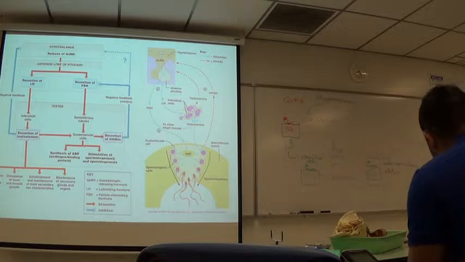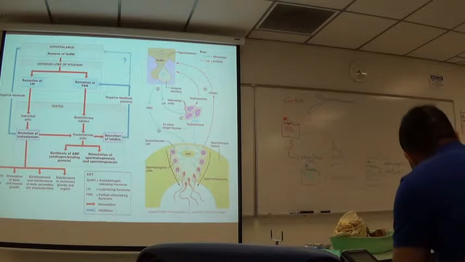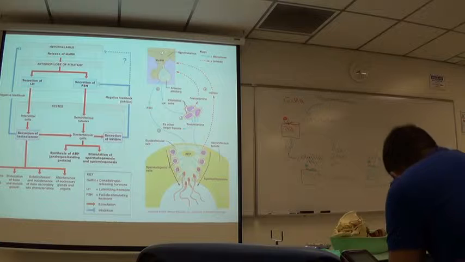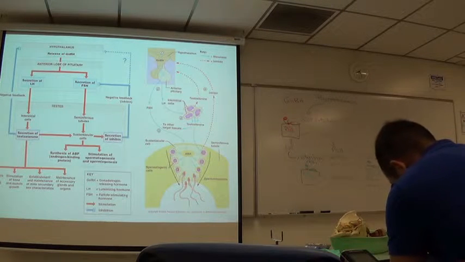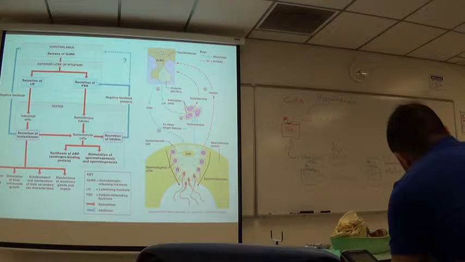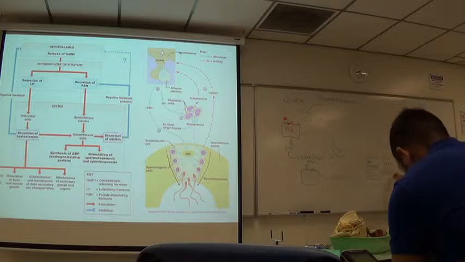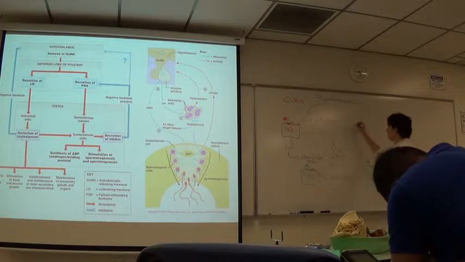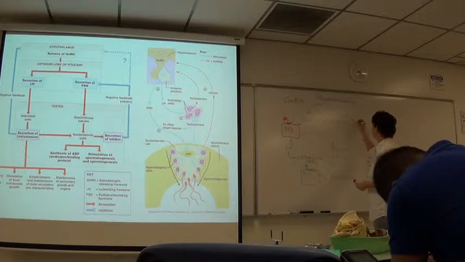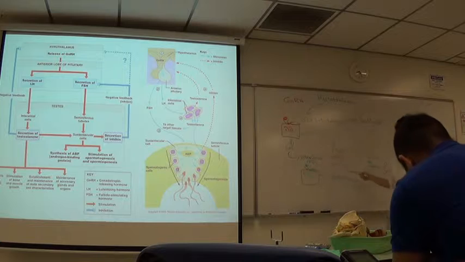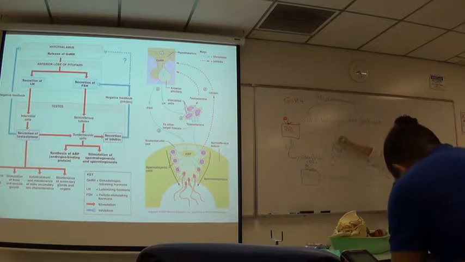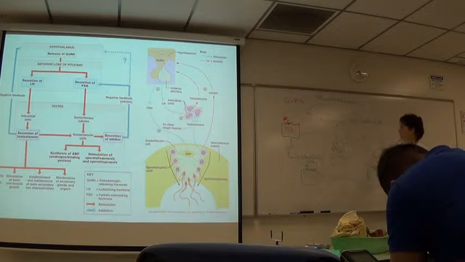Inhibin's important role requires it to be distributed back into the blood so it can get to the hypothalamus. I'm sorry, so it can get to the anterior pituitary gland. So inhibin, the higher the inhibin, the less LH and FSH is produced, primarily FSH.